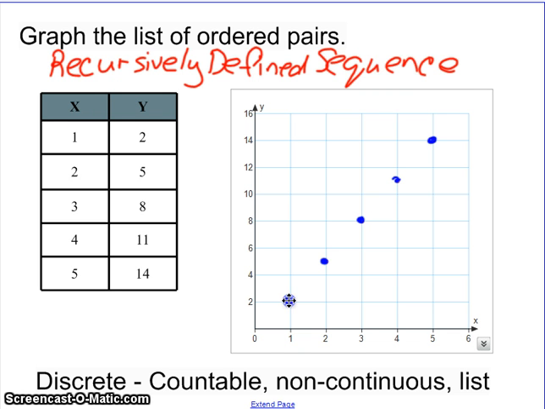There is no term in between 0 and 1. There is no term in between the first and second term. There is no term in between the second and third term. And so you cannot connect these points. This is a discrete list, okay? And so when you're asked to graph a sequence, do not connect them. All right, moving on.